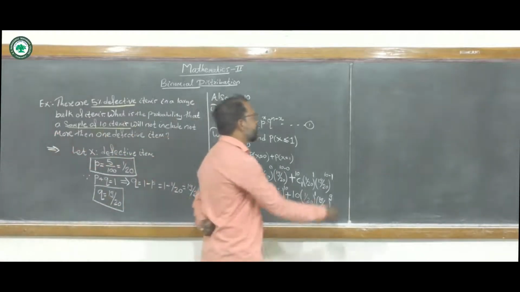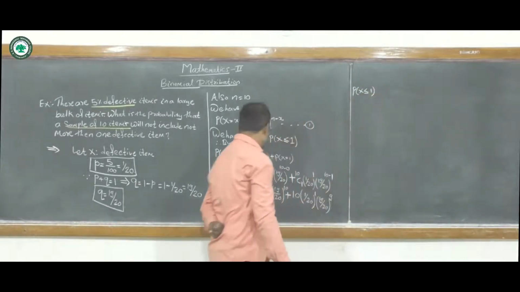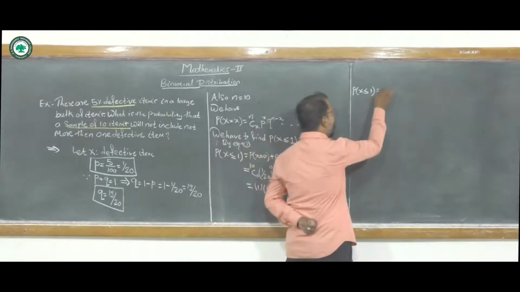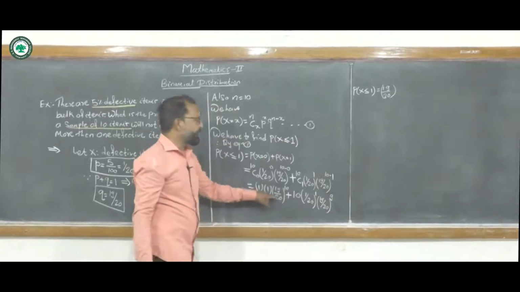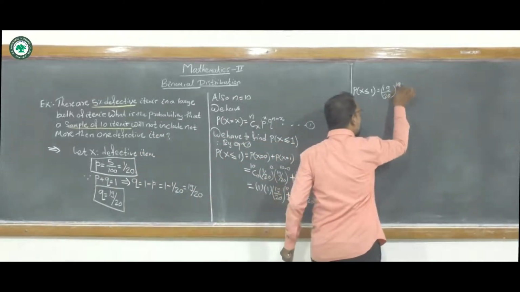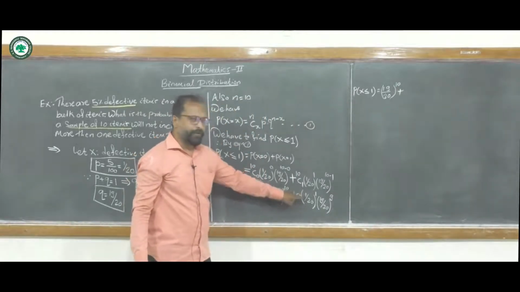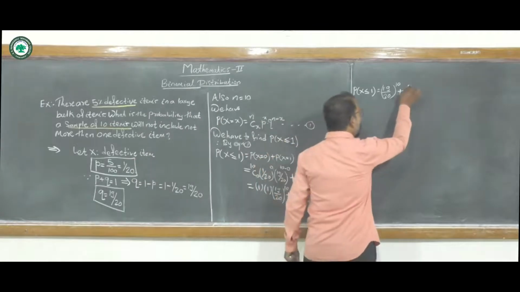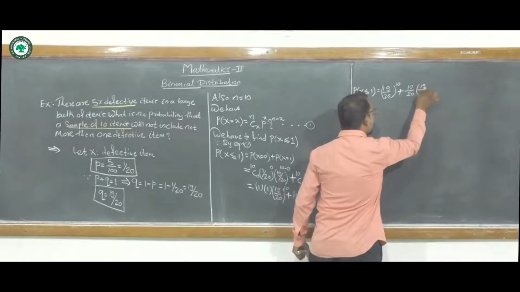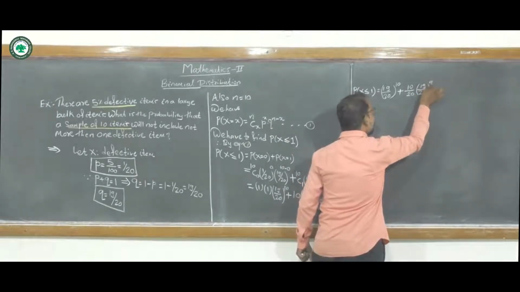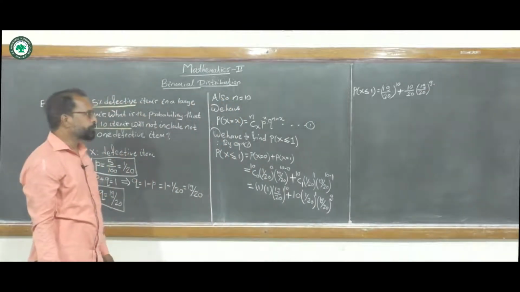Now simplify this. So the probability of X less than or equal to 1 equals 19 upon 20 raised to 10 as it is, plus 10 into 1 upon 20, that is 10 upon 20, into 19 upon 20 raised to 9.